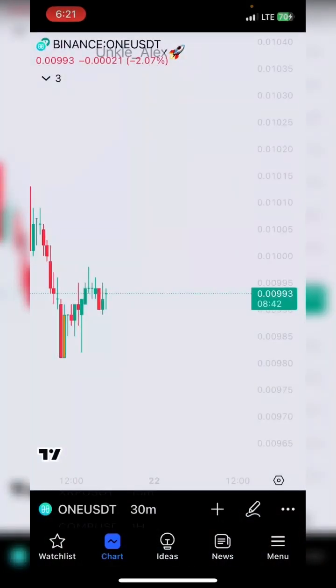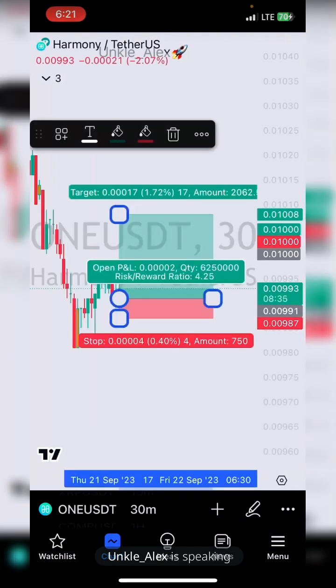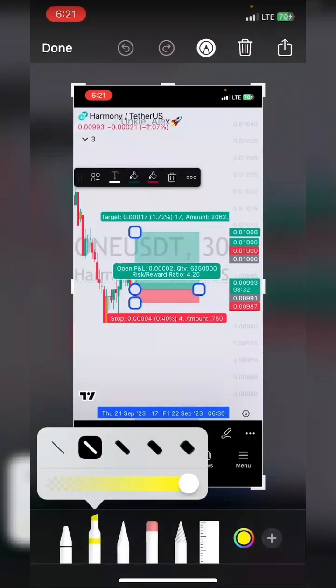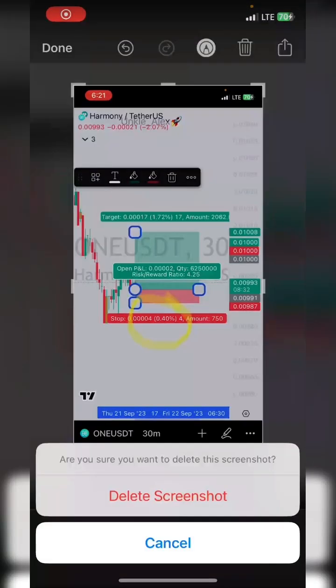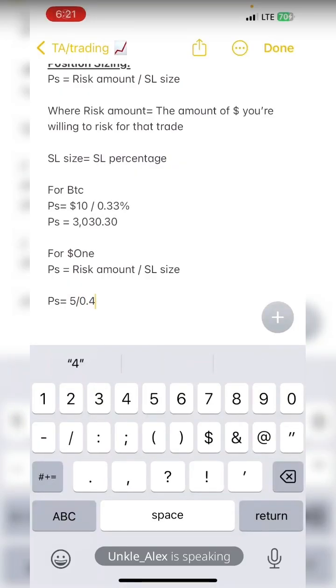Our SL size, like I said before, is the SL percentage here, which is 0.4 from here, 0.40%. So let's input it, 0.4%.